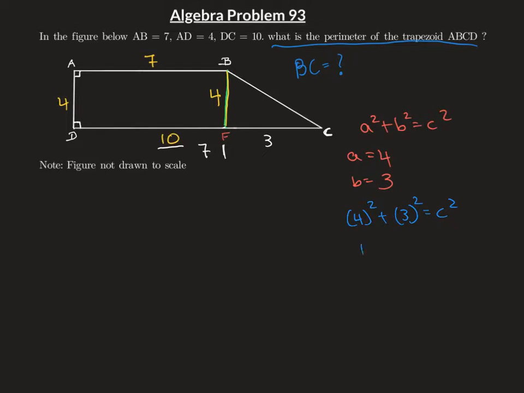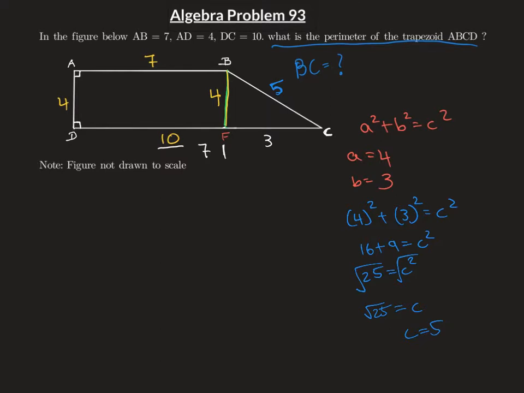Now we have 16 plus 9 equals c squared. That would be 25 equals c squared. Now we square root both sides. Square root of 25 equals c. So c equals 5, which means that our final side is equal to 5. And that's how we find BC.